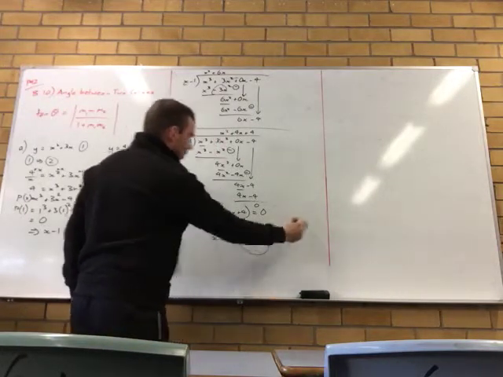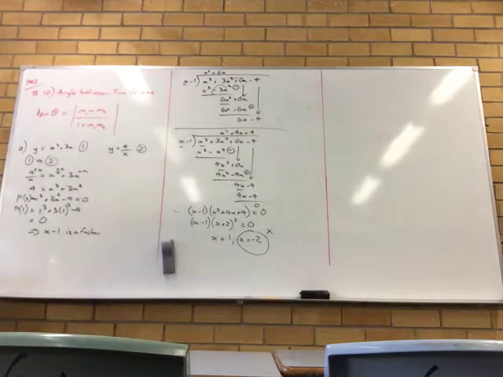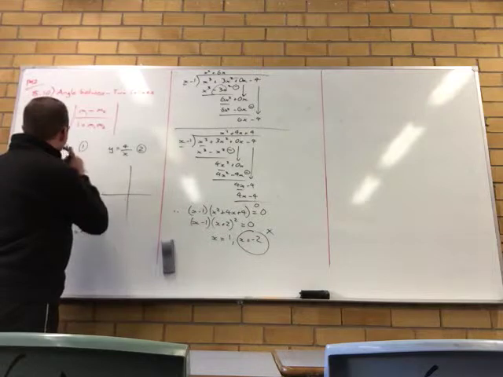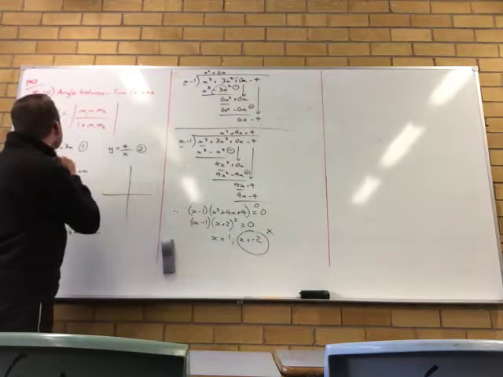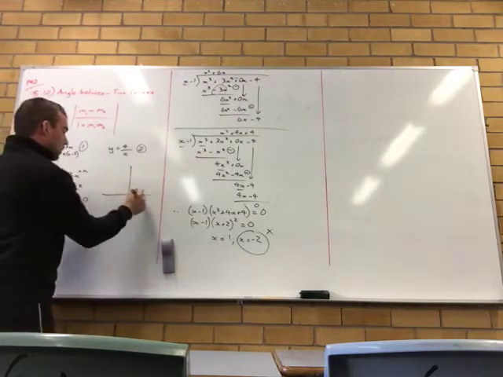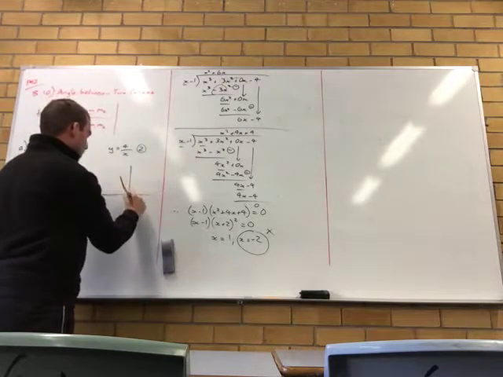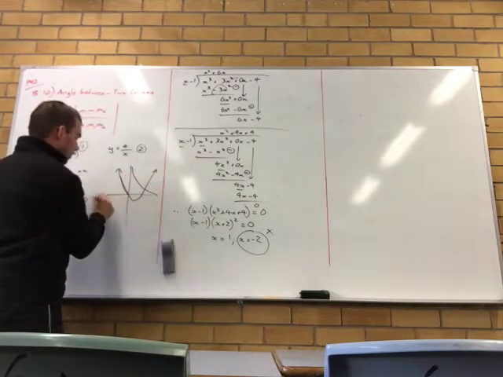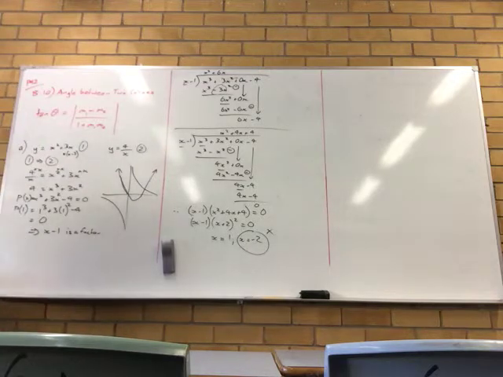That one should not be an intersection. Why do we get two intersection points?